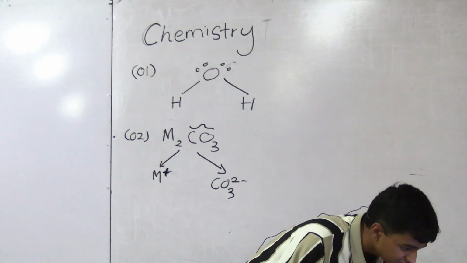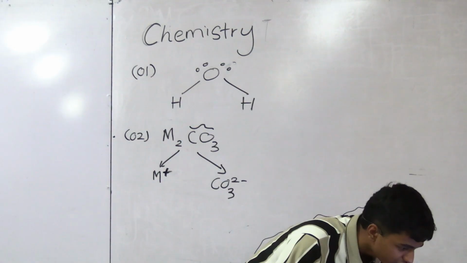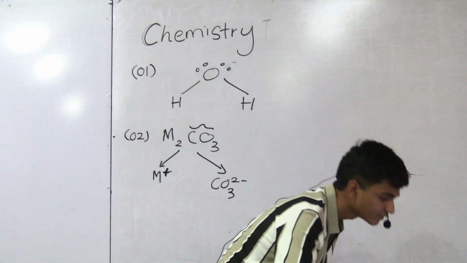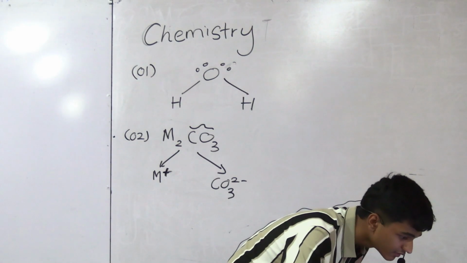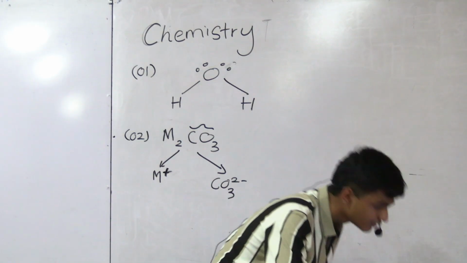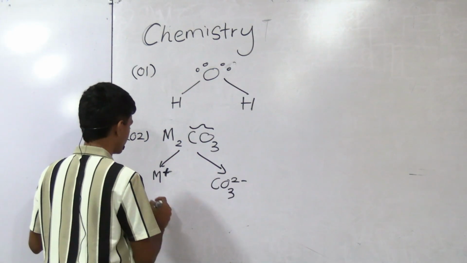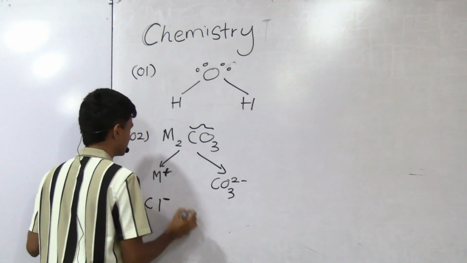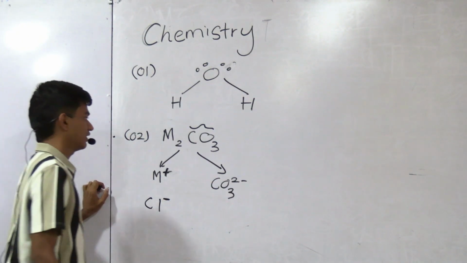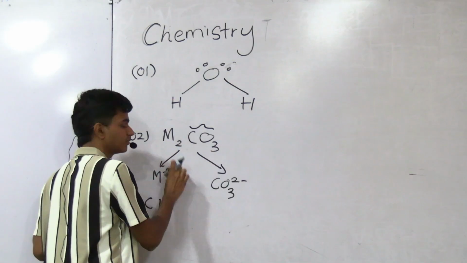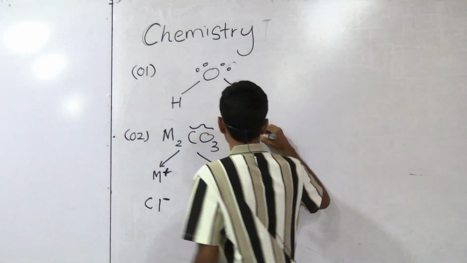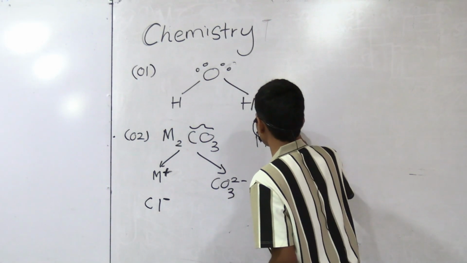So the question asks, what's the formula of the chloride of M, right? We know that the chloride ion has a charge of -1. Like we did here, we're going to do the opposite of this one. We have an M plus ion.